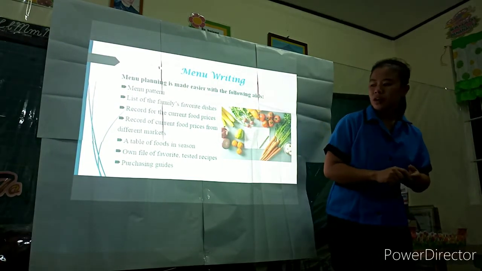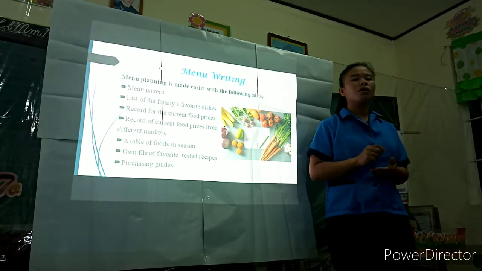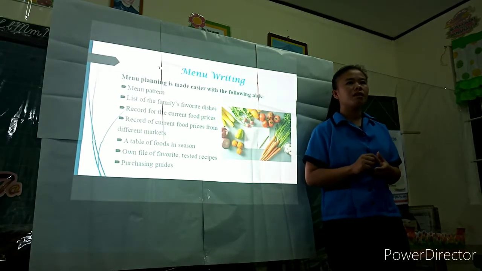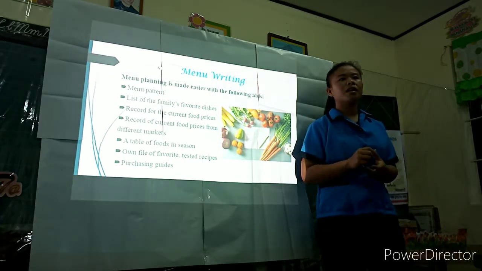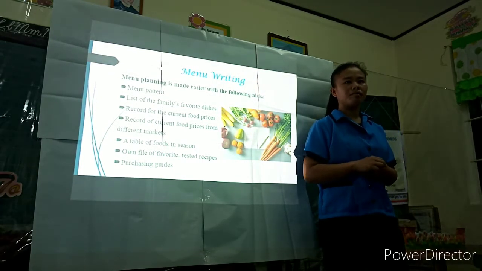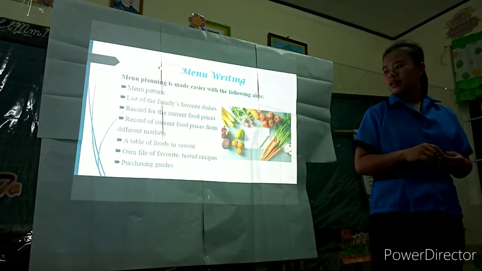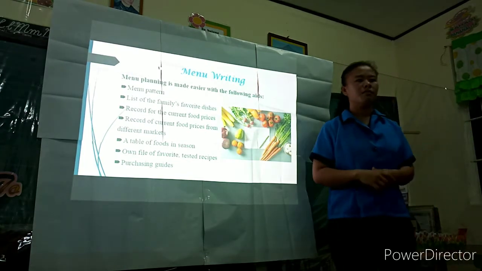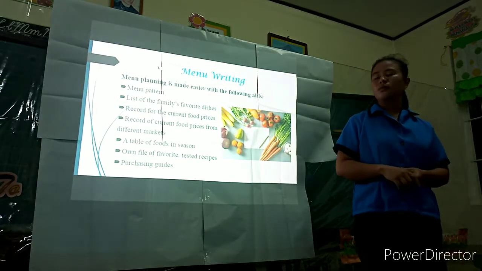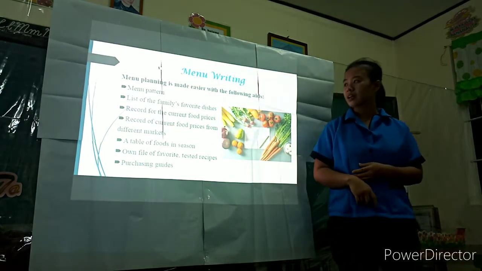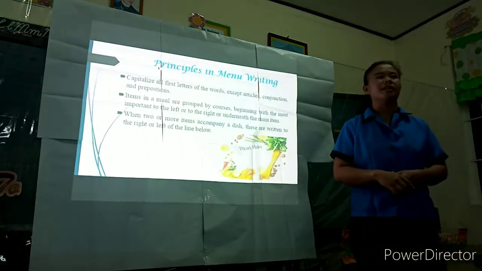When you have your file of favorite tested recipes, it will be easy for you to cook, and it will be good because you're sure that your recipes are tested and will please your family. Next is purchasing guides. It will serve as your guide when you need to buy. Next is principles in menu writing.